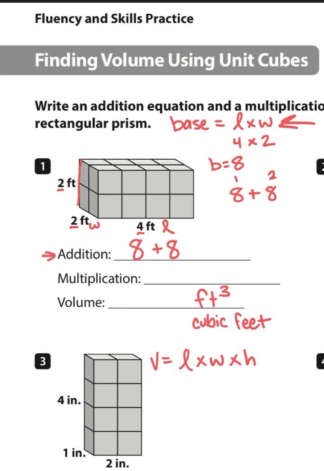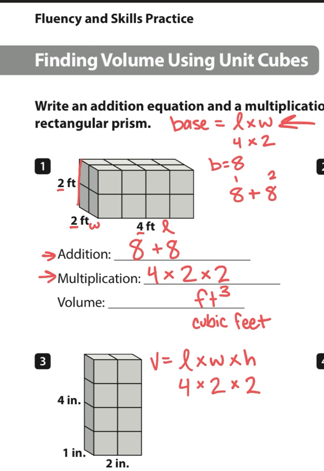Our length is 4, our width is 2, and our height is 2. That is our multiplication equation. So let's write that on the multiplication line: 4 times 2 times 2, and that will give us the volume.